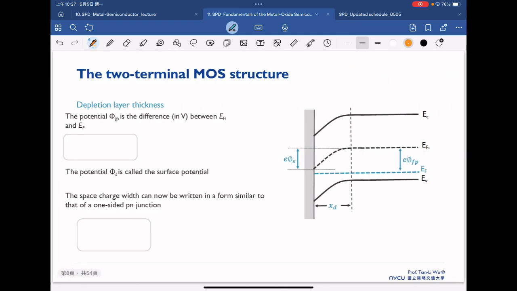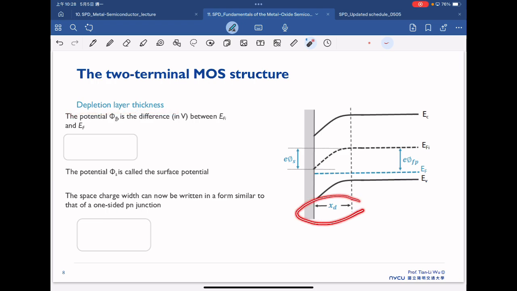So now we move to some analytical calculation. This equation we just borrow from the previous lecture, but we put some consideration in our case. The first one is that we will be interested in this depletion layer thickness.